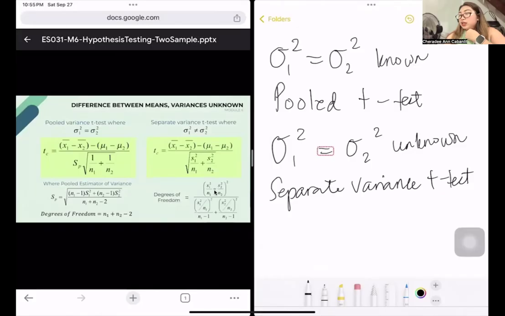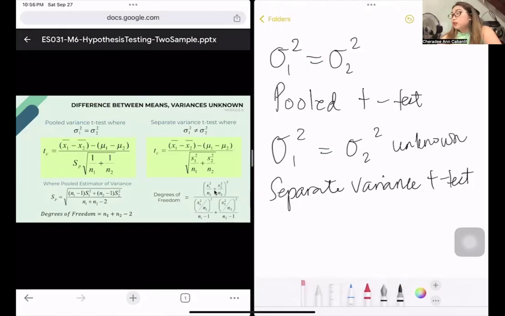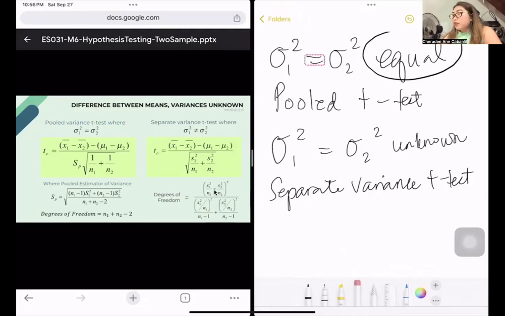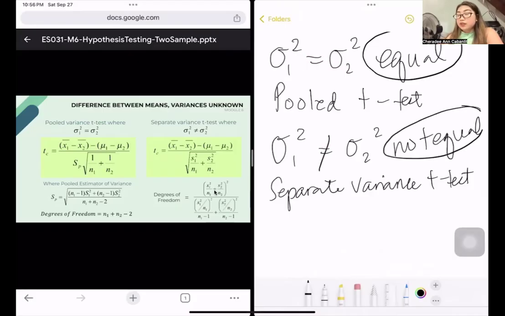So meaning, sorry, not unknown. Sorry, my mistake. Again, I'll repeat, no? If the variances are equal, not known, okay? If known and unknown, that's for the consideration if it's z or t. If the variances are equal, then we use the pooled t-test. However, if the variances are not equal, then we use the separate variance t-test. Okay, so I stand corrected.